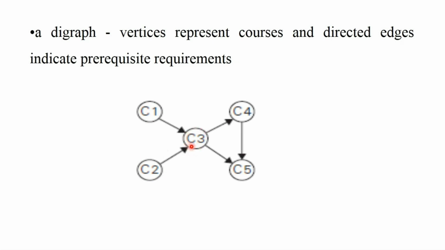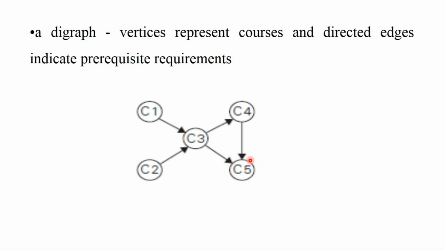In order to study the course C3, both C1 and C2 need to be known. So hence we have directed edges from C1 and C2 to C3. So this represents that C3 has two prerequisites, C1 and C2. Also, in order to study the course C4, C3 needs to be studied first. So from C3 to C4 we have a directed edge.